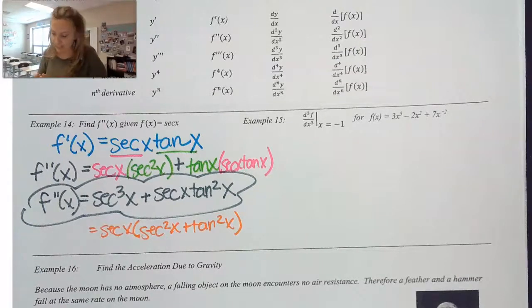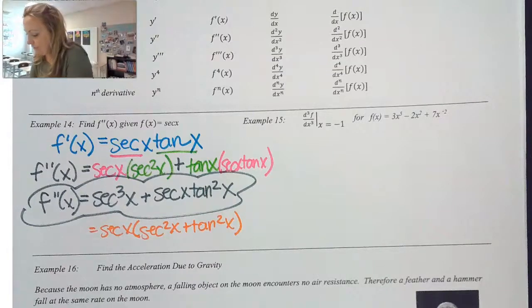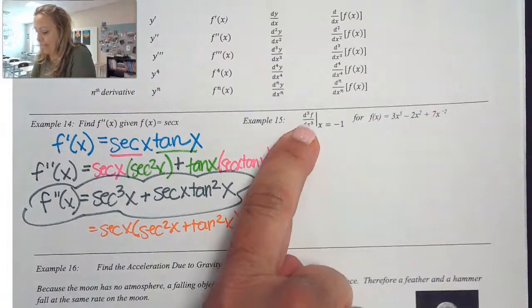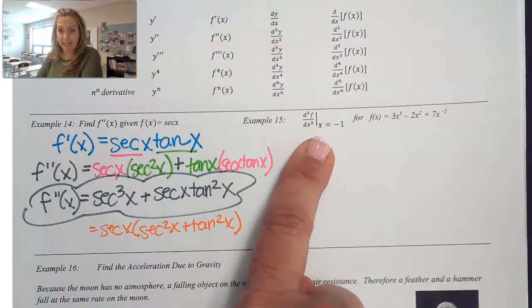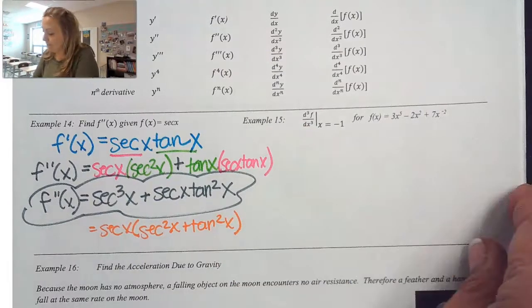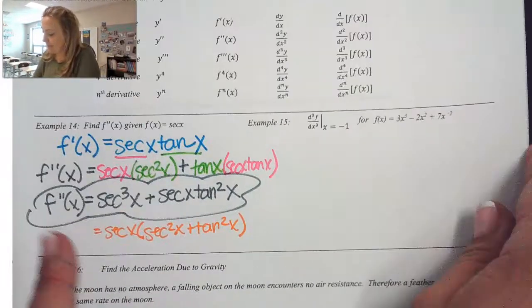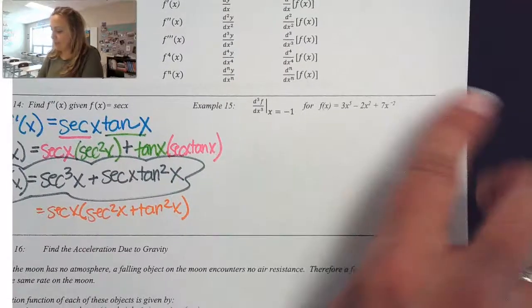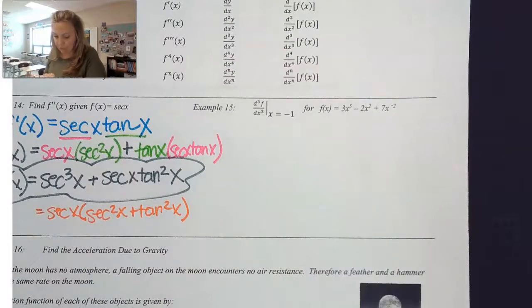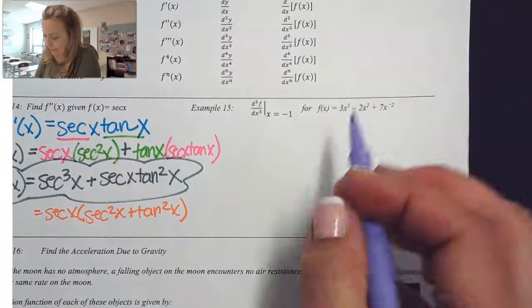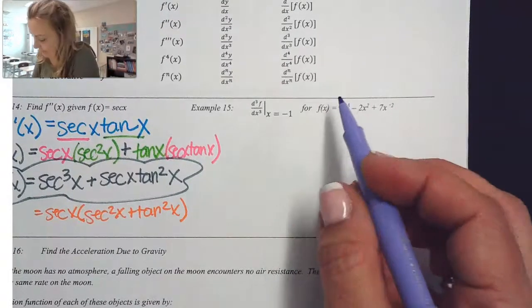Example 15 wants us to find the third derivative at x equals -1 for f of x equals 3x to the fifth minus 2x squared plus 7x to the -2. Well, the first thing we're going to have to do is find the first derivative.